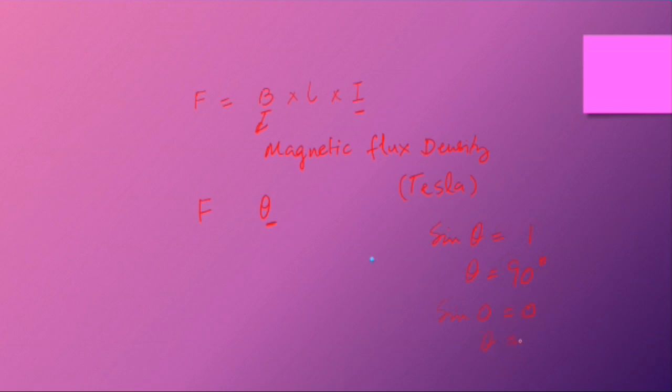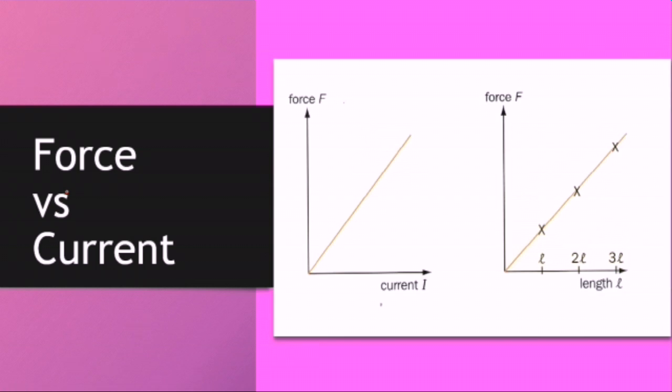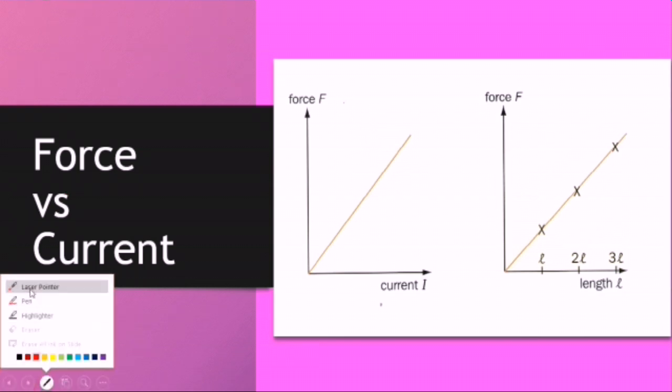When theta is 0, sine will have 0 value, and then force becomes B L I sine theta, and this theta is the angle between field lines and current through the conductor. So it depends on what the angle is between current and flux density. I will clarify it further here in this graph.